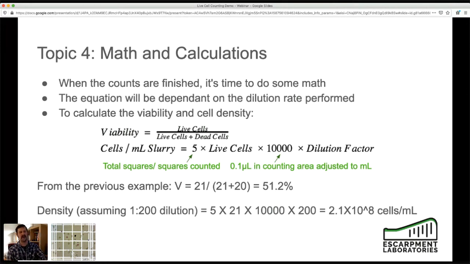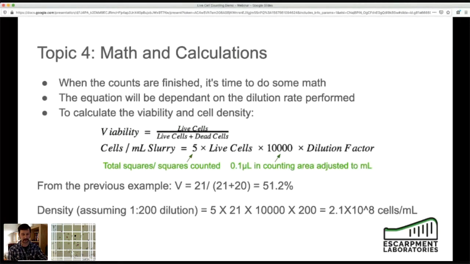You're doing 5 multiplied by the live cells that you counted, multiplied by 10,000, which is 0.1 microliters in the counting area adjusted to milliliters, and then your dilution factor.